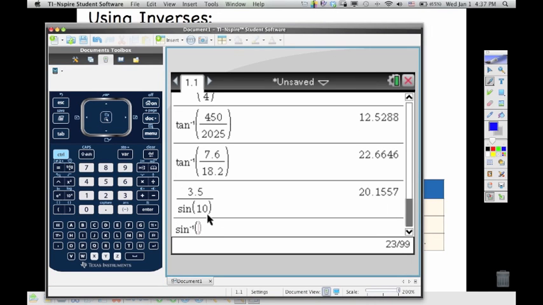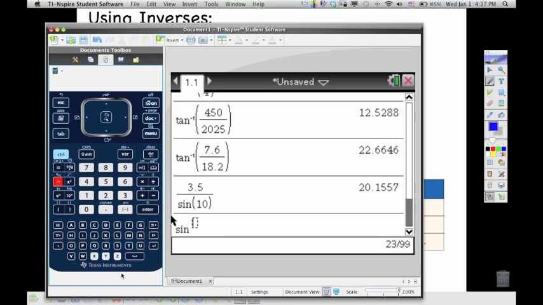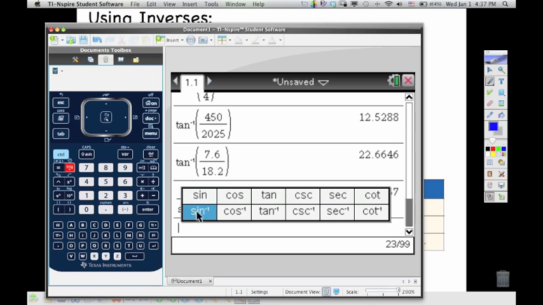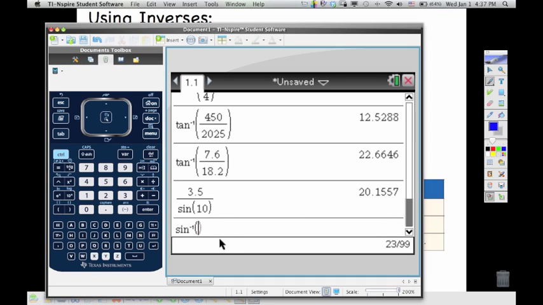In our trig functions, make sure you've got the sine inverse. Do not do it by trying to put in your sine and then raising it to a power of -1. That's not going to work, at least it shouldn't work. So make sure you're choosing the inverse sine function. A lot of times it'll just be a shift sine, depending on what your calculator is. Then plug in your ratio.